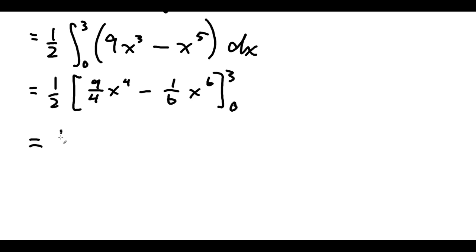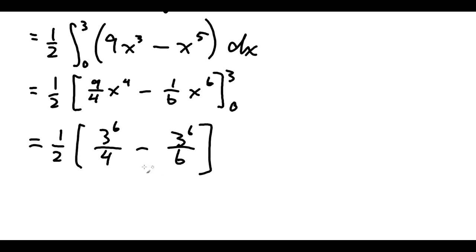And since I'm trying to do this mentally, or at least with as little writing as possible and no calculator, I need to be a little clever here. 9 is 3 squared, and 3 to the 4th there, so that gives us 3 to the 6th over 4, minus 3 to the 6th over 6, minus some zeros.